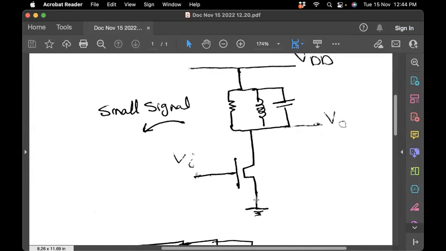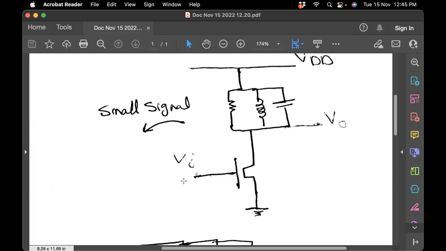Of course, for a typical operation, and we will see this maybe later on in one or two slides from now, this gate voltage needs to be DC biased so that you can offset your input voltage with a voltage greater than the threshold, so that you can guarantee that your transistor is on all the time. Otherwise, whenever your input voltage is lower than the threshold voltage, it will turn off. Maybe we will see this three slides from now. So basically, this is the real circuit.